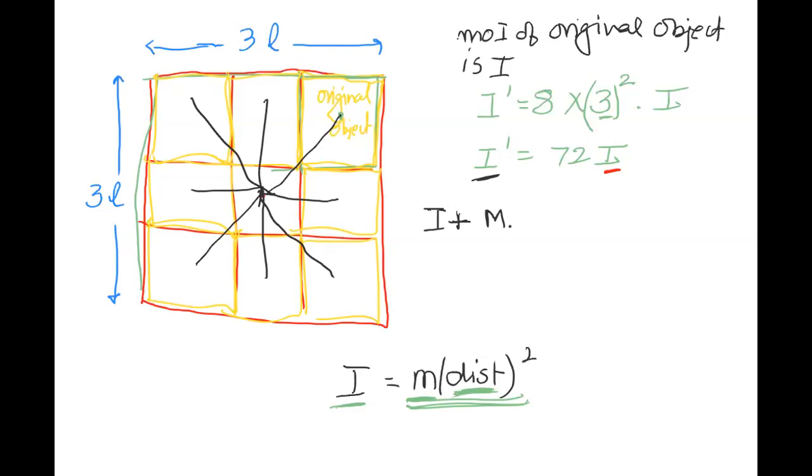So we want to scale an object which maintains some sort of structural similarity as it either scales up or scales down. Okay?